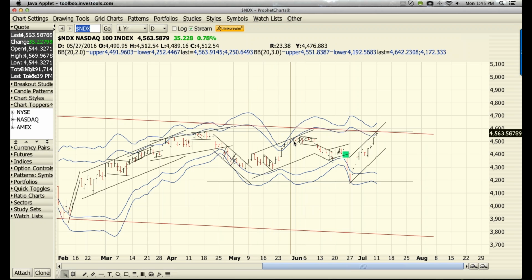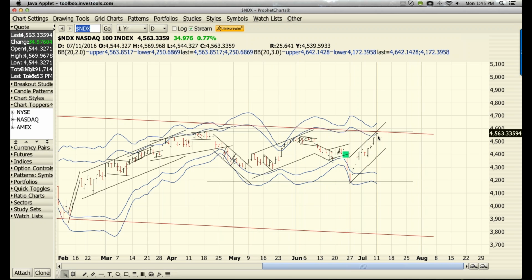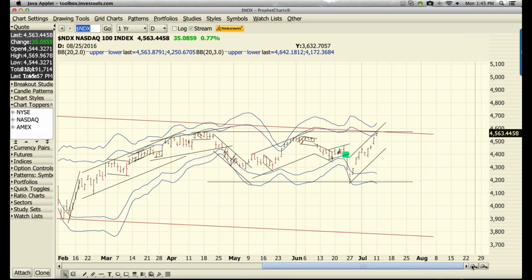So you can see that there are cycles up, cycles down, cycles up. So let me just tell you again in summary, strong level of resistance, which doesn't mean it will hold. We could continue to press higher. Bollinger Band snap on the daily, pointing to a possible movement lower.